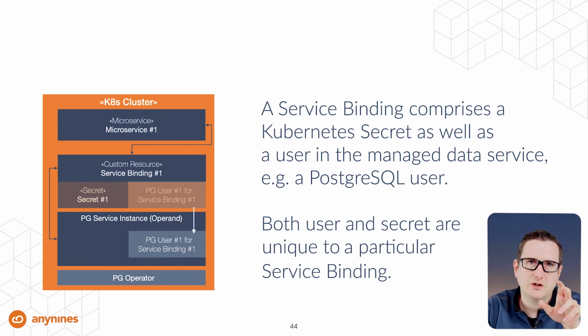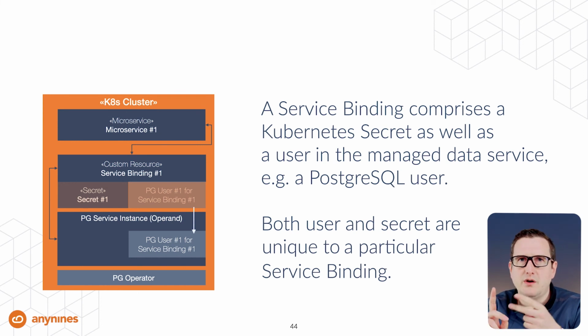So if your application wants to connect to a database, it has to know what is the host, what is the username, what's the password, and maybe some other parameters that are required to do the connection to the database.